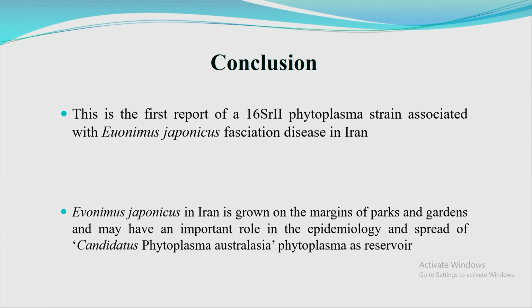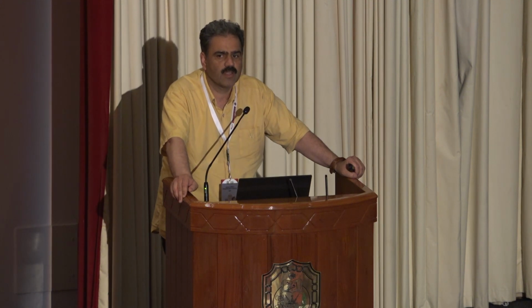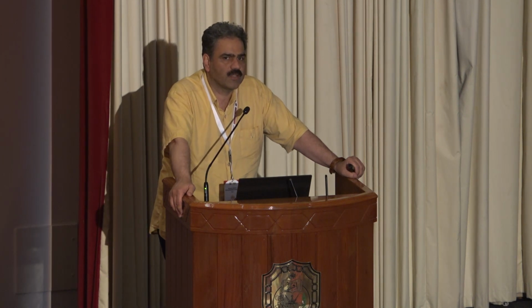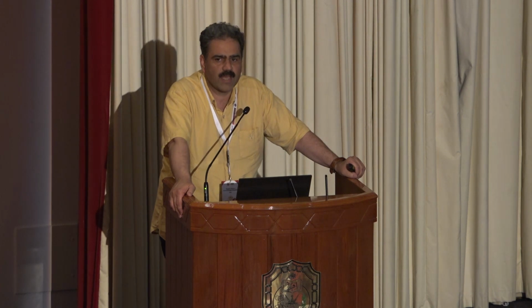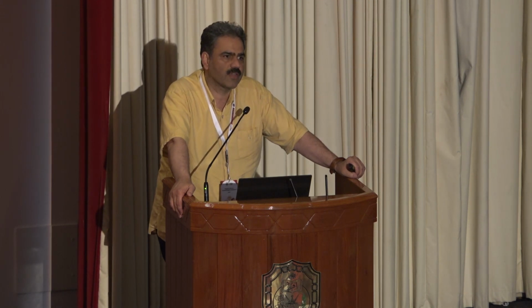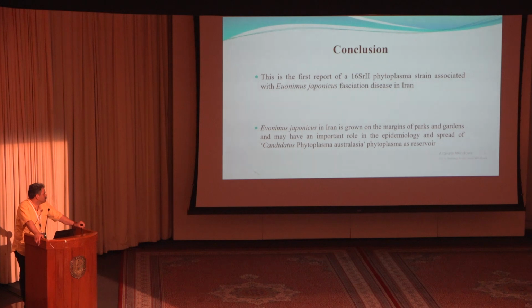As you know, peanut witches' broom is widespread and distributed in all of the country and causes damage to different species of plants, fruits, weeds, and others. As Euonymus japonicus grows on the margins of parks and gardens, it may have an important role in the epidemiology and spread of Candidatus Phytoplasma australasiae as a reservoir.